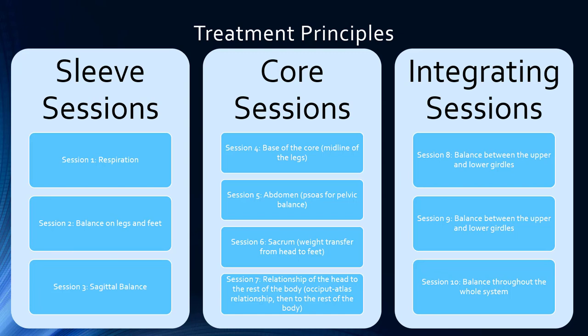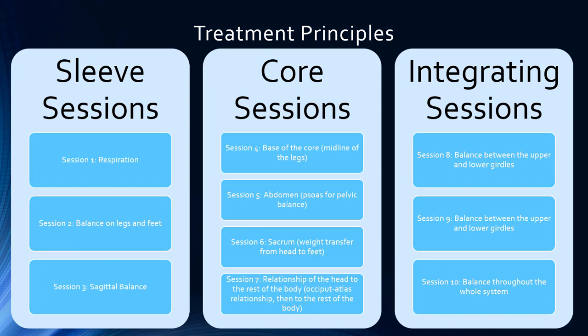The goals for each session are different and progressive. The goal for session 1: release the fascial layer below the skin surface. For session 2: free up and reorganize fascial planes in the feet and legs. Session 3: reorganize the lateral alignment, using this session as a transition between superficial and deep fascial layer treatments.